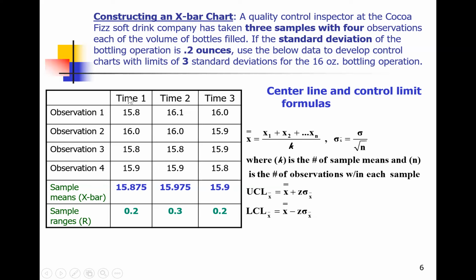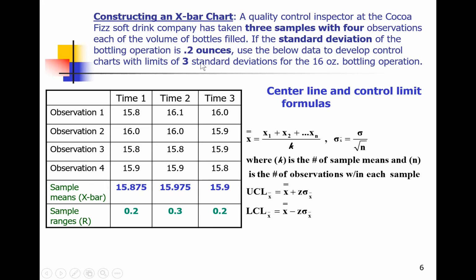Sample means you are taking some garments from all the garments. You cannot check all the garments. What you can do is check some samples. You have taken here 3 samples, and in each sample you have taken 4 observations.